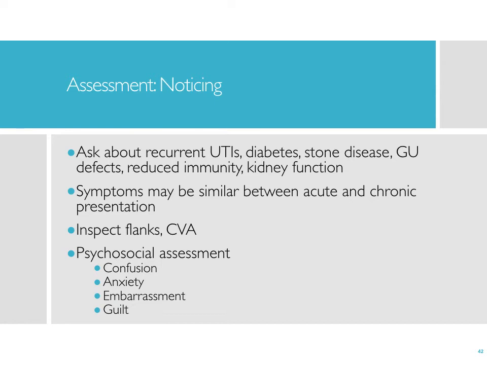You want to inspect the flanks, and the flank area is the area just above the waist and to either side of the spine. And then you want to do a psychosocial assessment. Is there confusion, anxiety? Is there some embarrassment?